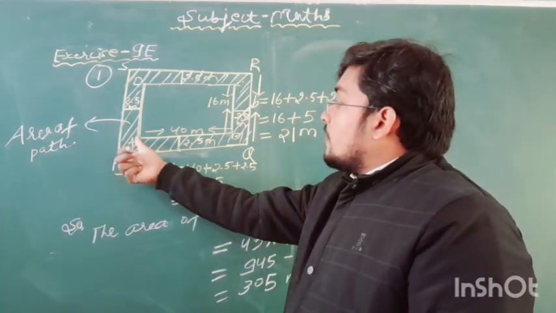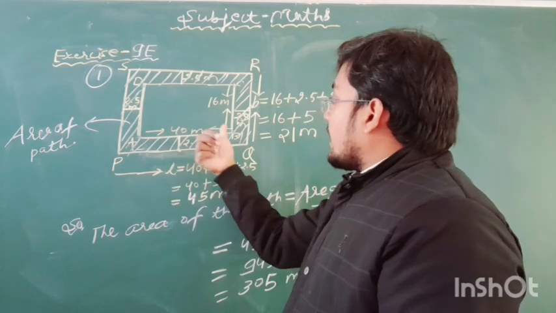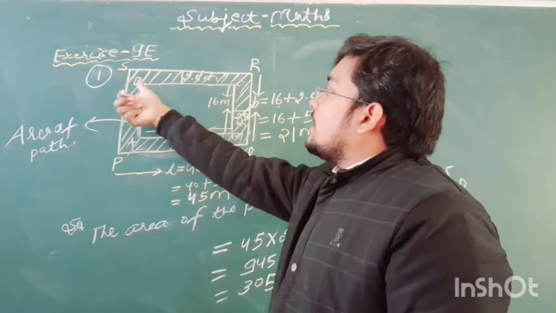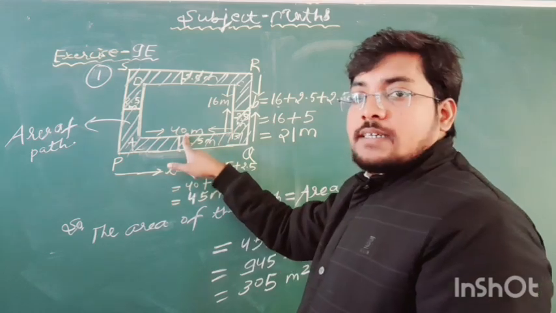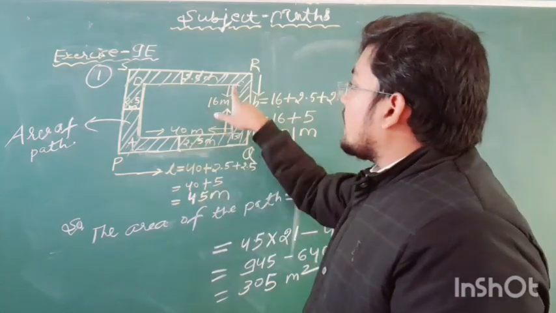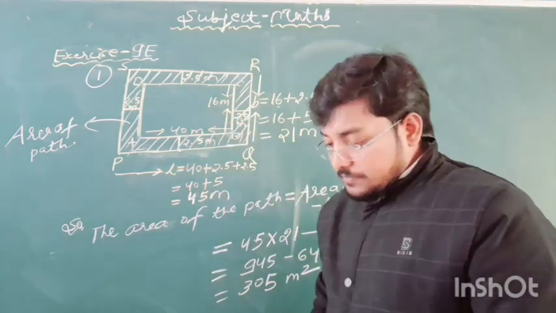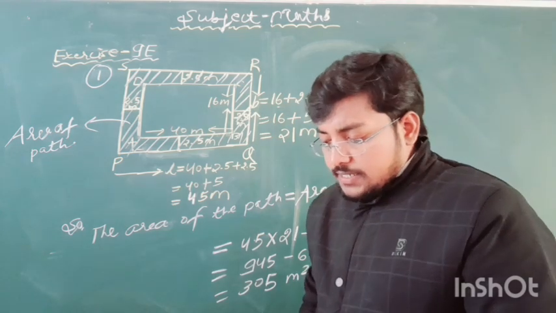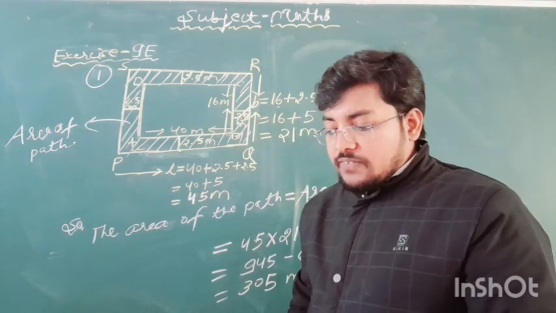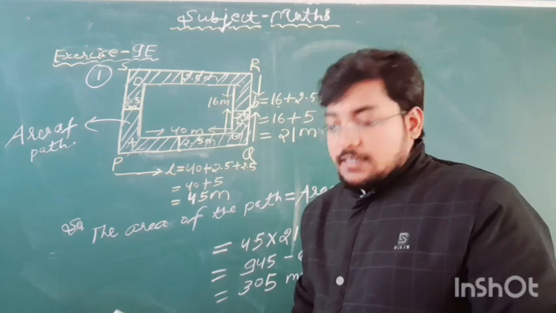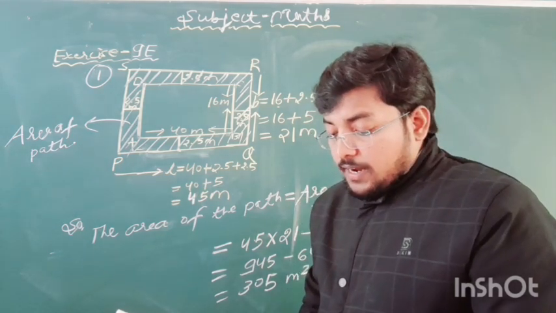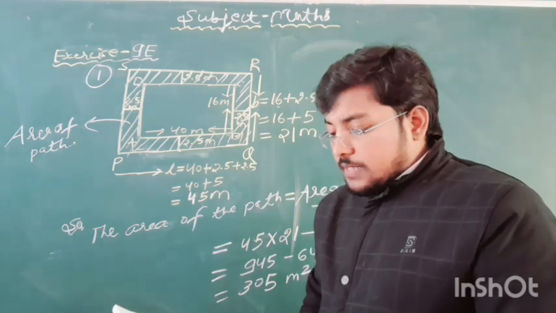So we have to draw a rectangle ABCD in which the length is 40 meters and the breadth is 16 meters. After that, a path of width 2.5 meters is constructed on the outside of the park. Find the area of the path.